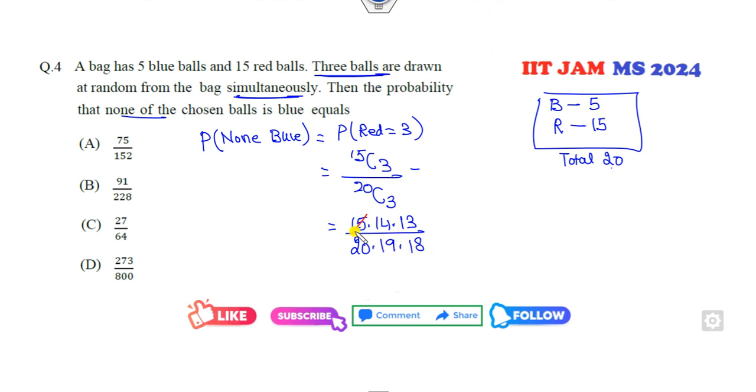So I can calculate and simplify to 91 over 228. So 91 is the only option which is written in the B bar. So you can see this is the right answer of this problem.